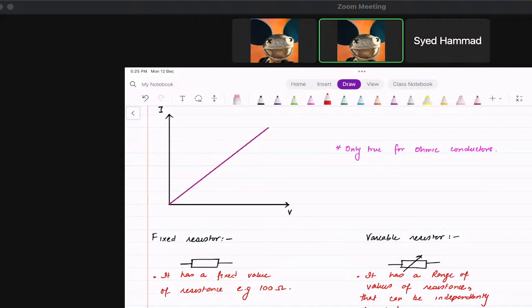What I mean by this is, for example, it could be like 0 to 100, there's a range. Usually variable resistors are everywhere. So when you turn on the fan, there is a knob that you turn. So that's kind of a variable resistor, basically.